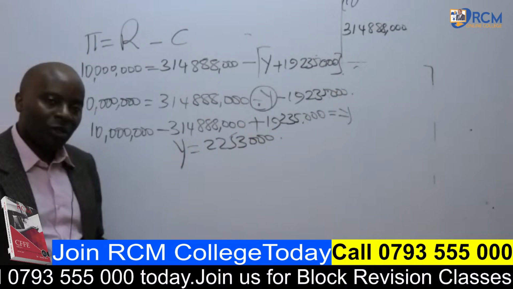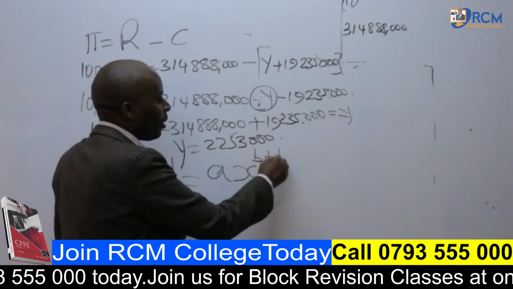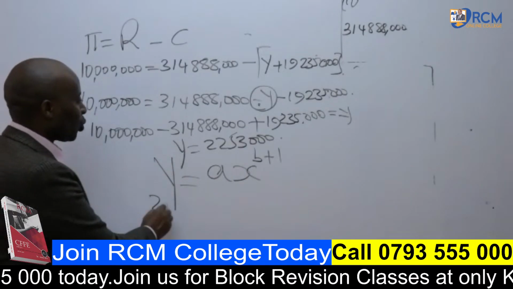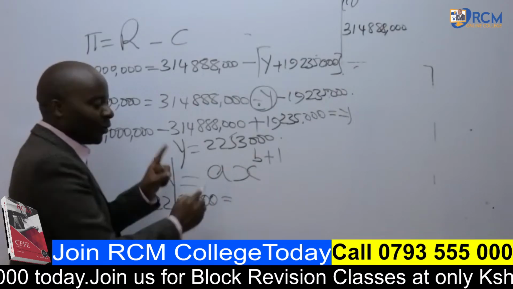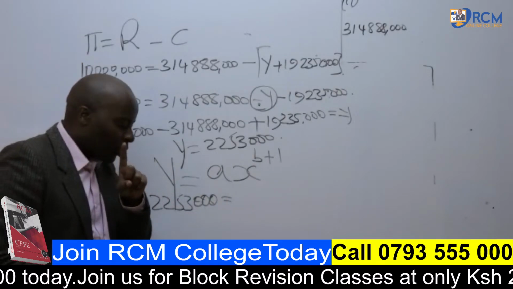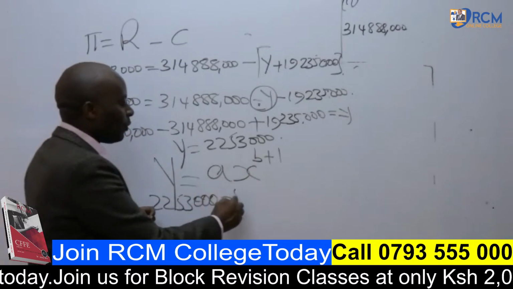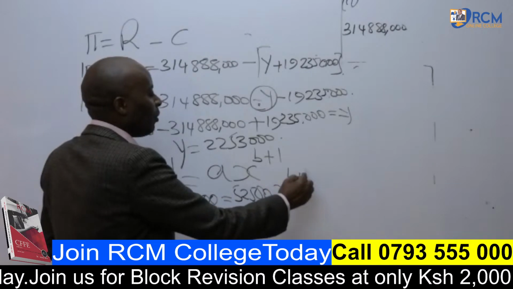Now, unfortunately, we know this to power b plus 1. Don't forget this formula of ours. So the labor cost that we have here is 22,53,000 equals A. Don't forget our A, time taken to produce the first unit. In this particular case, cost for producing the first unit, which was 52,500 x raised to power b plus 1.